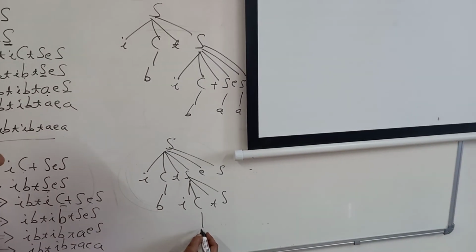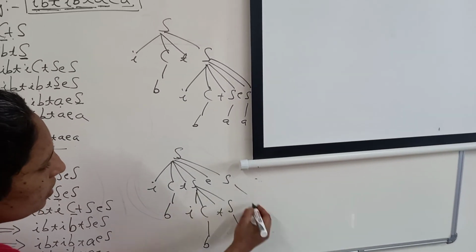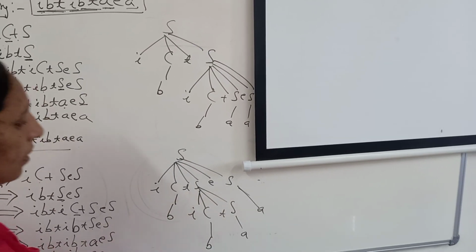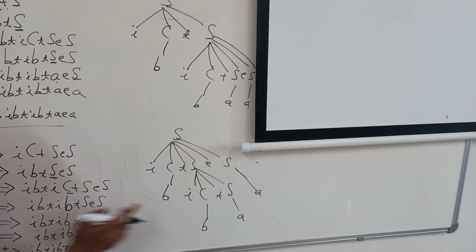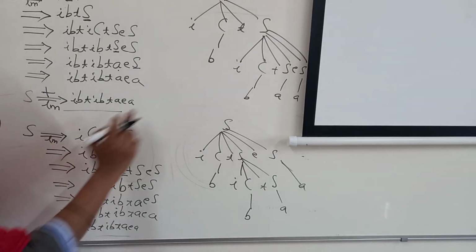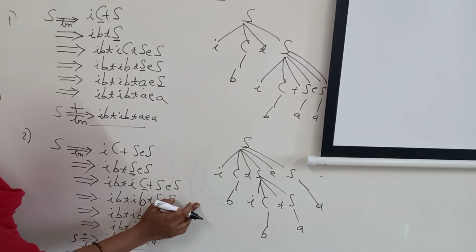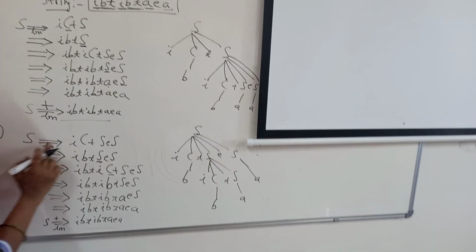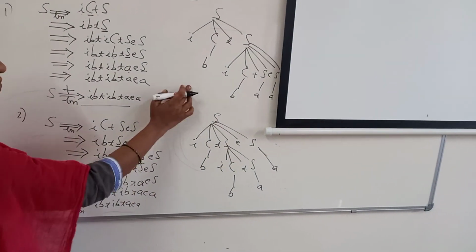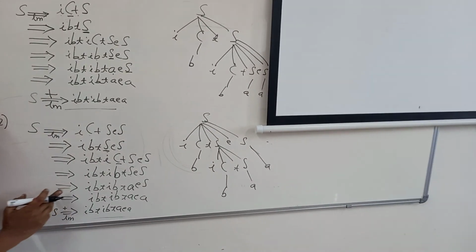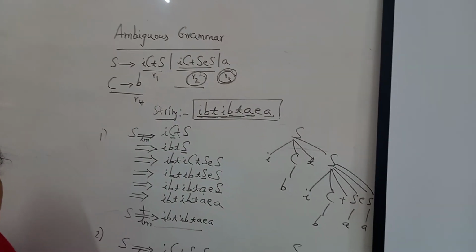Then C with b, S with a, and S with a. This is the corresponding parse tree for this leftmost derivation, and that is the parse tree for the other leftmost derivation. Now you observe these two parse trees. I applied the leftmost derivation twice and I got different parse trees. So if you get different parse trees, then we say that the given grammar is an ambiguous grammar.